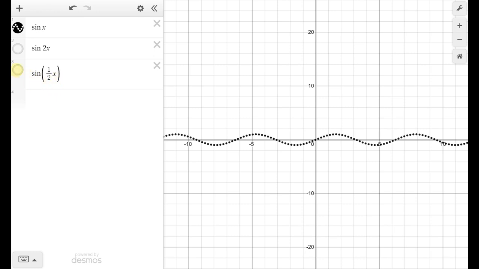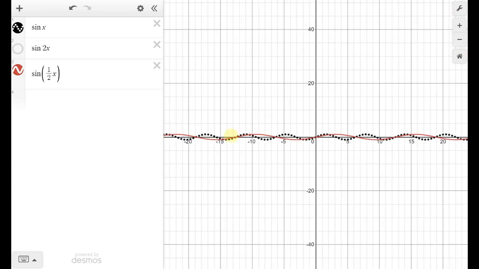So let's take a look at sine of 1/2 x. Okay, so now what do you see? So now, in comparison to sine of x, it's still waving, right? It's just going much more slowly, if you want to think of it visually. So it still waves through, it's just more elongated for sine. So that's what period does.